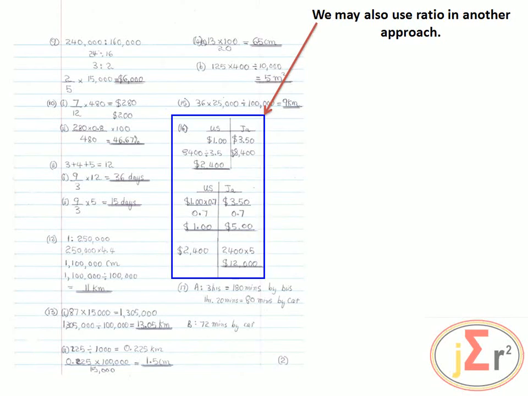In another approach to the problem, we may make use of ratios. And let us go straight ahead and do that. So we have the US and we have the Jamaican. So 1 US to $3.50 Jamaican.